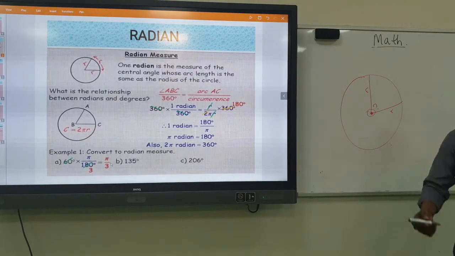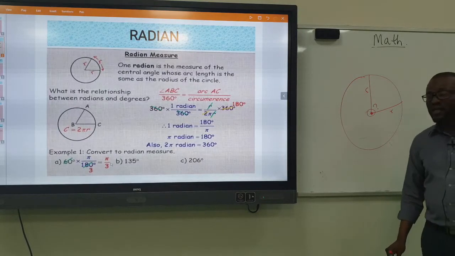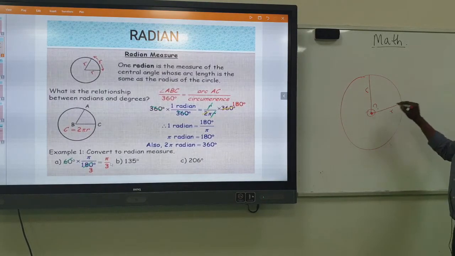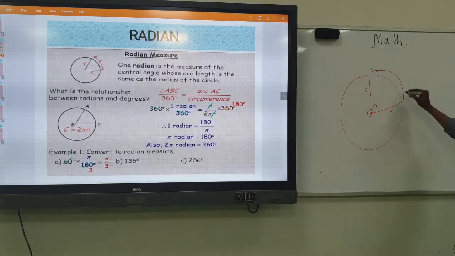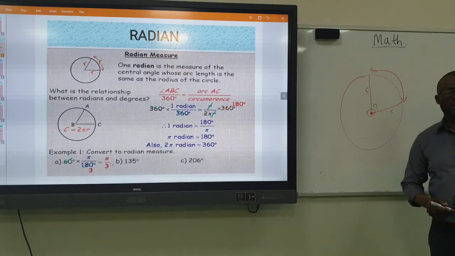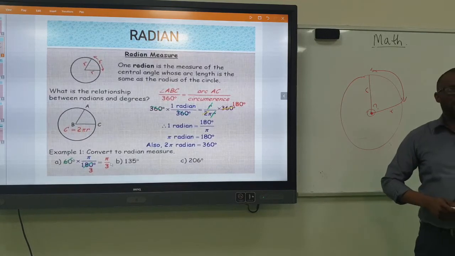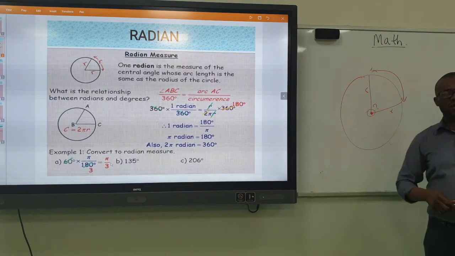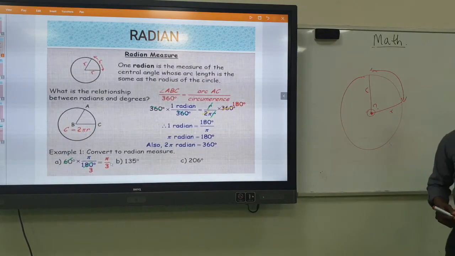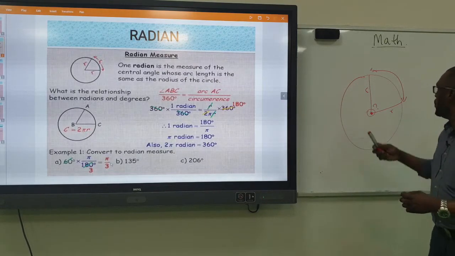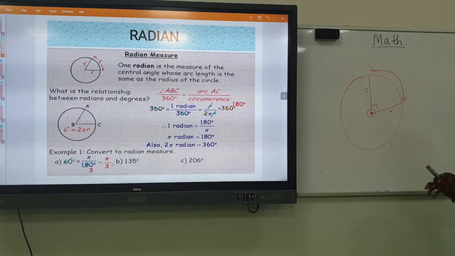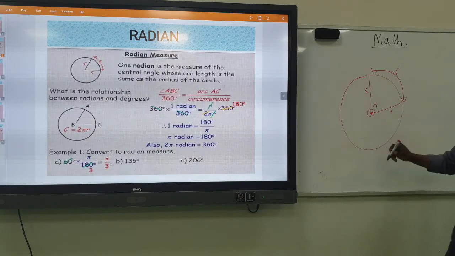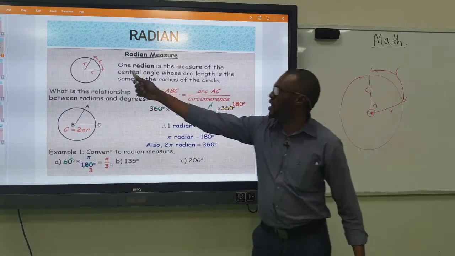You can only measure in radian when the radius given is the same thing as the length of arc. Just as we know, the length of arc is just a fractional part of the circumference along the circle. So the concept of radians comes in when the radius of the circle is the same thing as the length of arc, just like as you have it in the diagram.